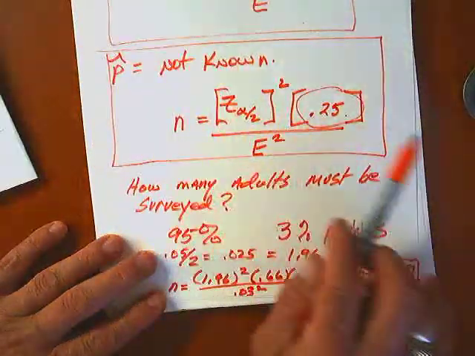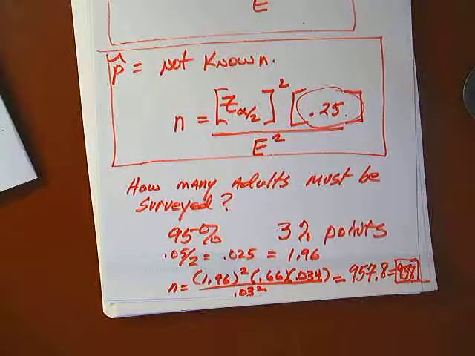You do the math, and that comes out to be 957.8, which is equal to 958 people. So you would have to have a minimum of 958 people to actually get a 95% confidence level based on the numbers that we've been given. So that's how we find a sample size. And that's kind of a rundown on 7.2. Hope that helps.